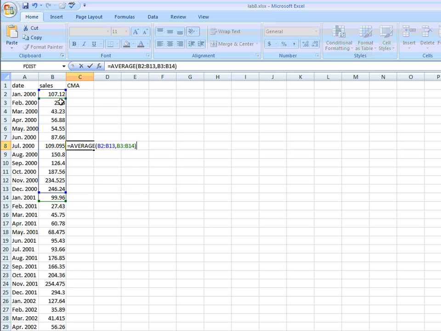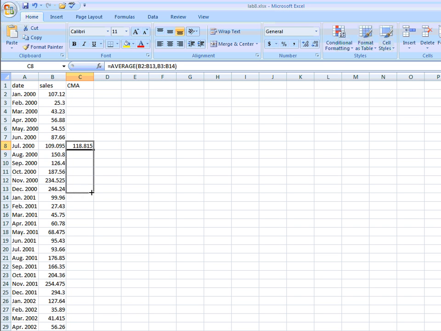Notice that we end up averaging all of these 11 months twice, that month once, and that month once. So we get the center in the middle. Note that if you've done this correctly, unfortunately it means you have a half a year where you don't have a centered moving average, because you don't have the data before it.